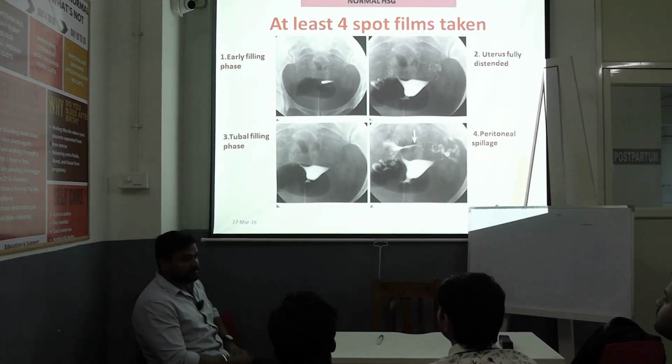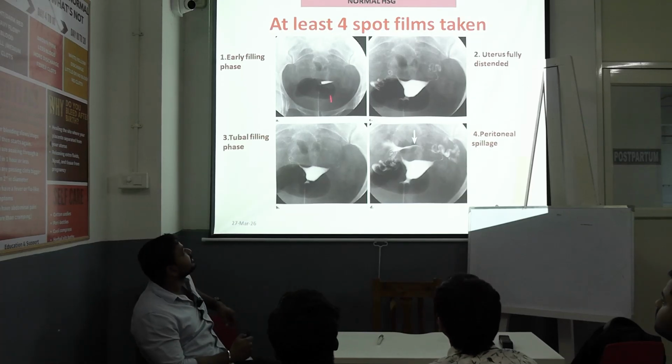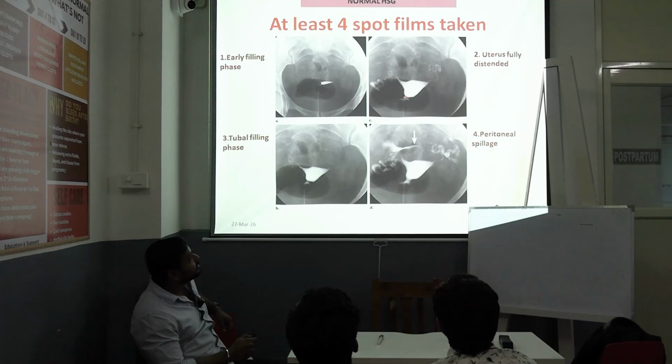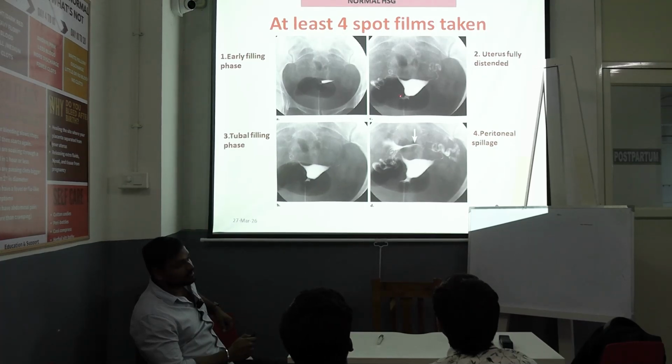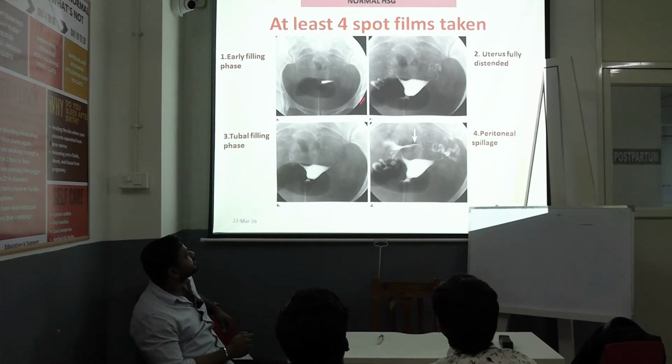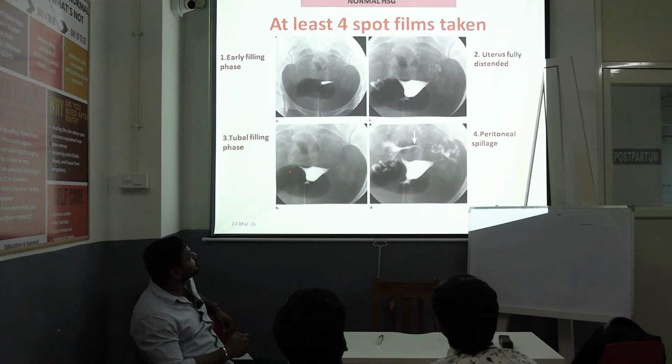At least you will have to take 4 films. First, this is the initial filling phase, the early filling phase. You have inserted the dye, it has gone inside the tract and has started filling. Then the uterus is distended, okay. Then the tubal phase, the dye goes from the uterus to the tube.